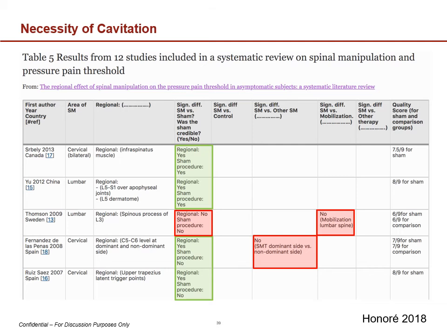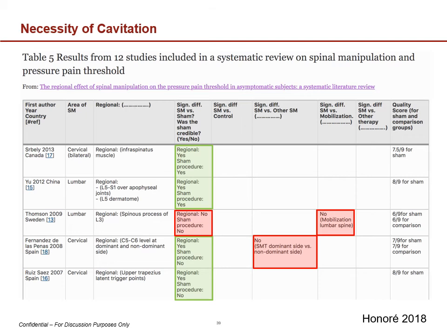So the green boxes right here basically show that the manipulation was superior to what was compared to it. So if you notice, all the green boxes on this slide are manipulation versus sham. And like we said in the initial conclusion statement, manipulations have a better effect over a sham.